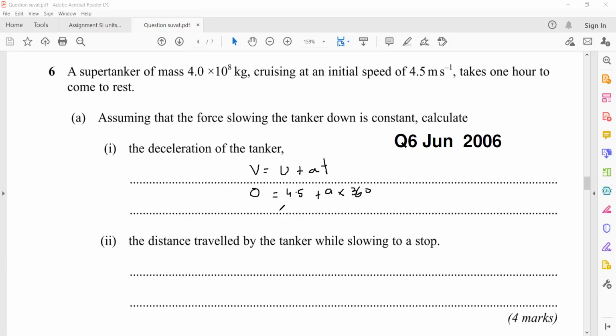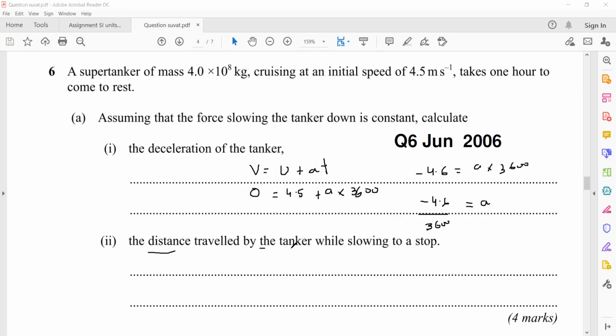So 4.5 first moves there, so it will be minus 4.5 equals a multiplied by 3600. 3600 is multiplied, so on the other side it will divide, so it will be 4.5 divided by 3600. You will get its deceleration.